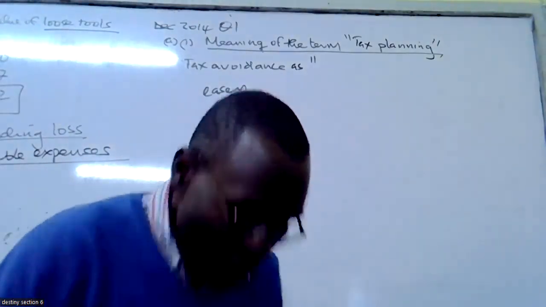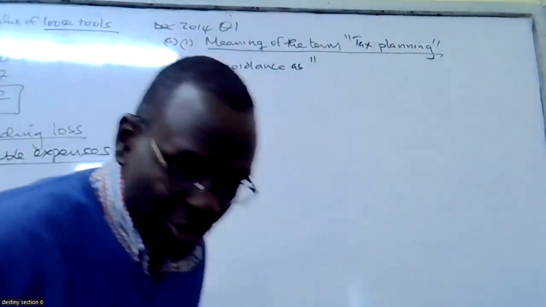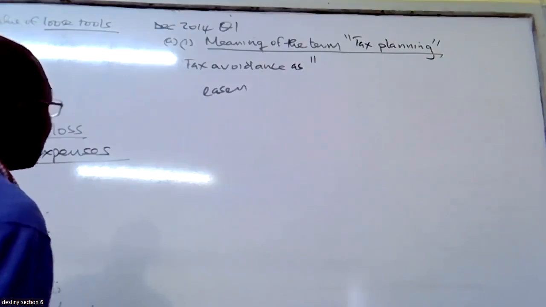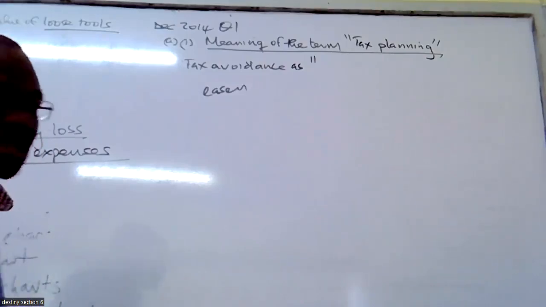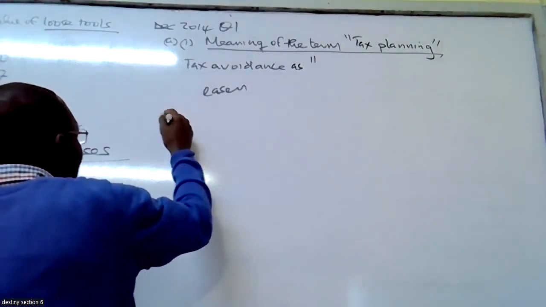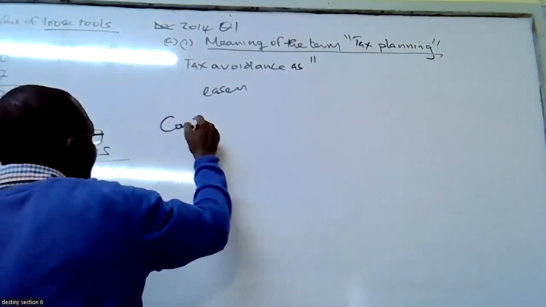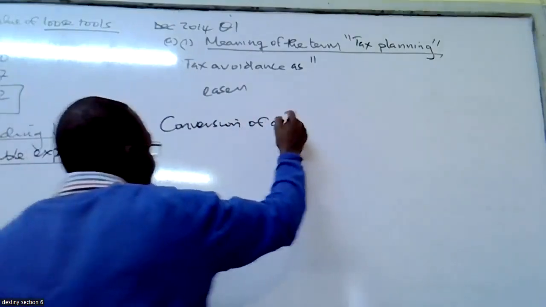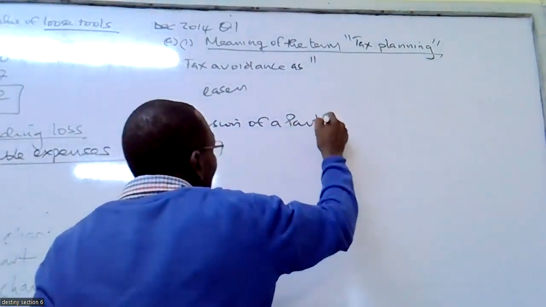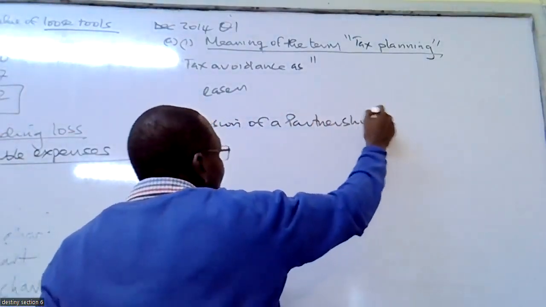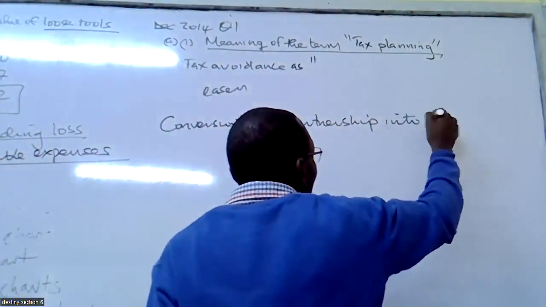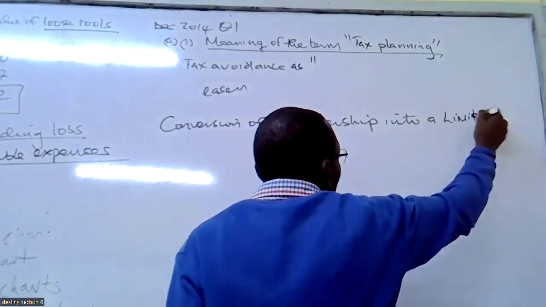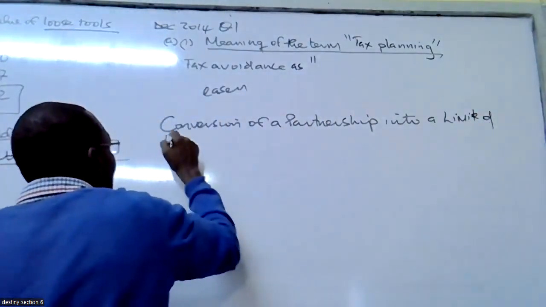Our next subtopic in our discussion will be conversion of a partnership into a limited company. In the next class, we'll be talking about conversion of a partnership into a limited liability company.